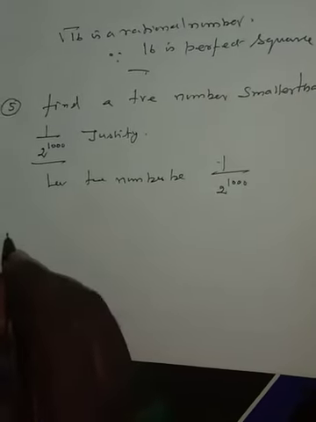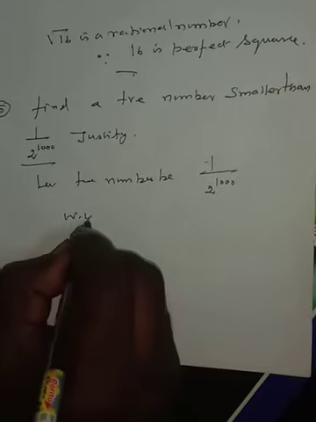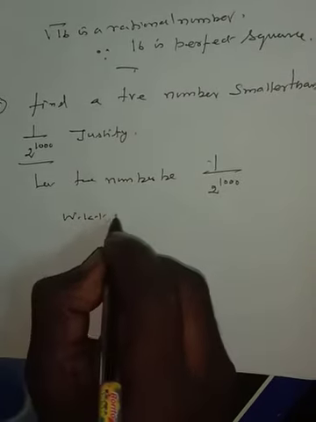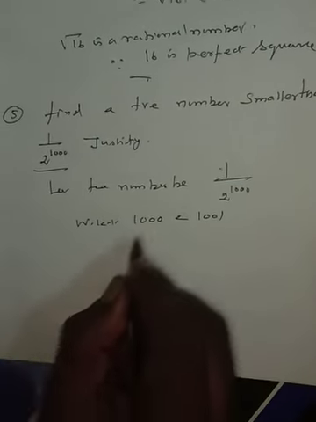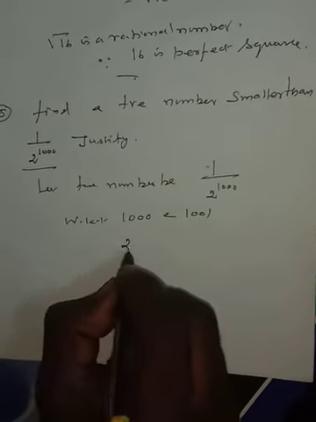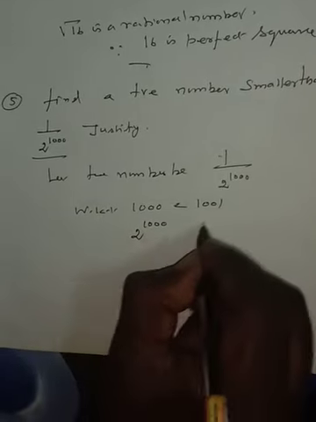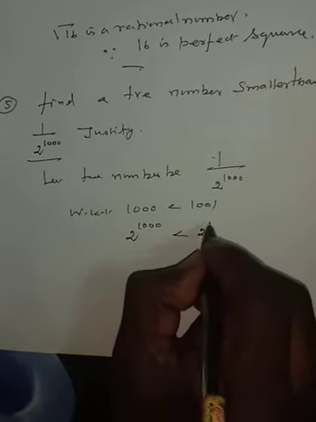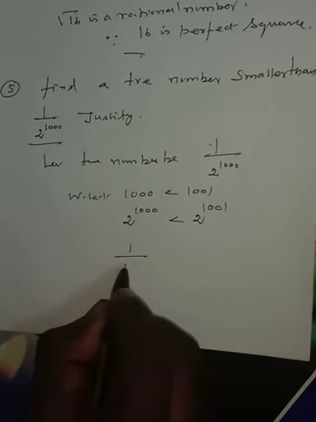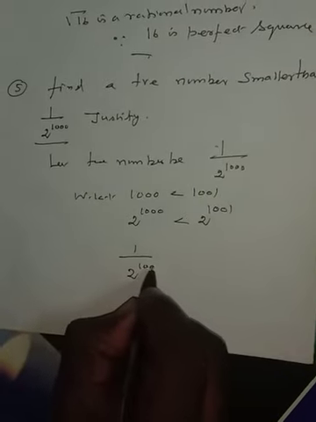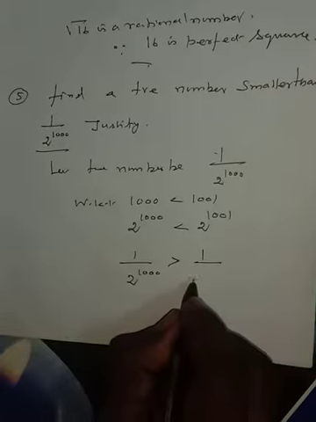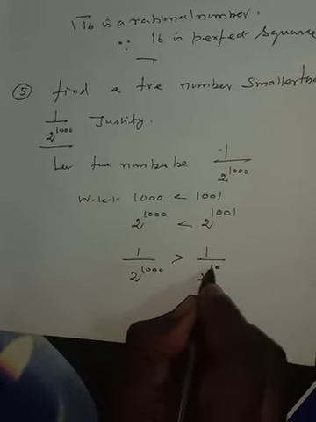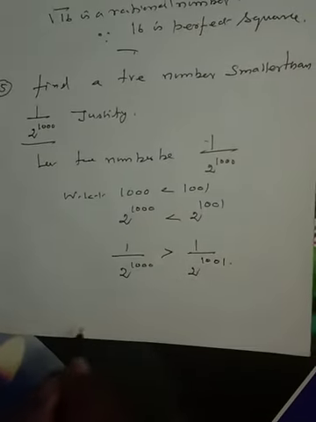We know that 1000 is less than 1001. Next line, 2 to the power of 1000 is less than 2 to the power of 1001. So 1 by 2 to the power of 1000 is greater than 1 by 2 to the power of 1001.